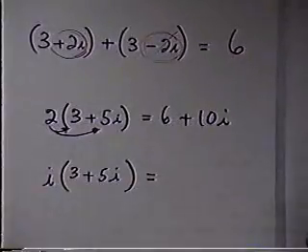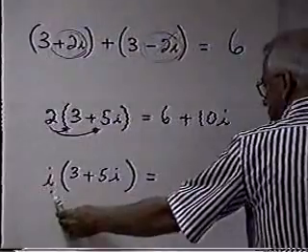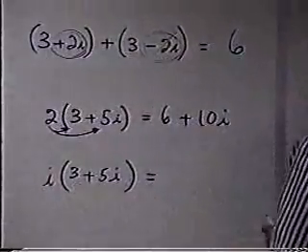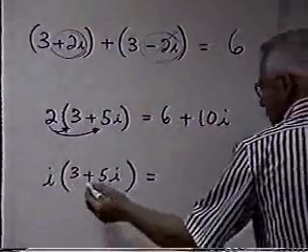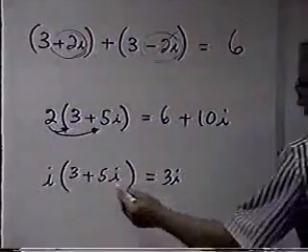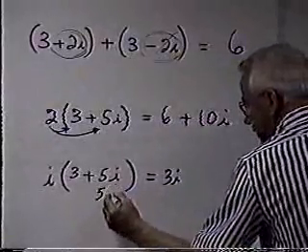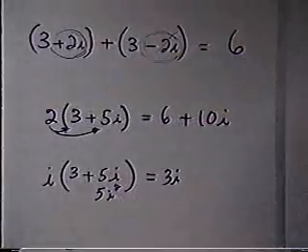So let's take the next case. What if this is the imaginary part of a complex number times a complex number? Well, i times 3 is 3i. i times i is i squared, so it would be 5i squared.